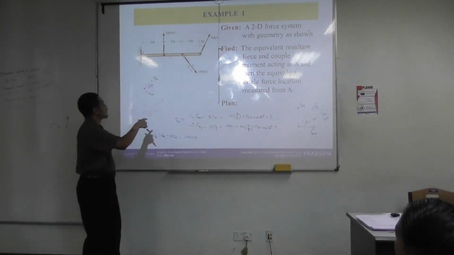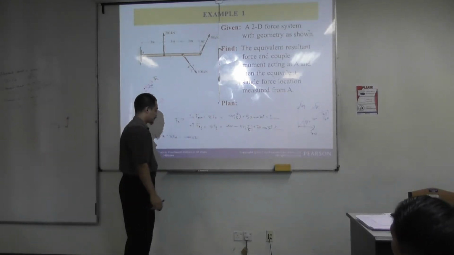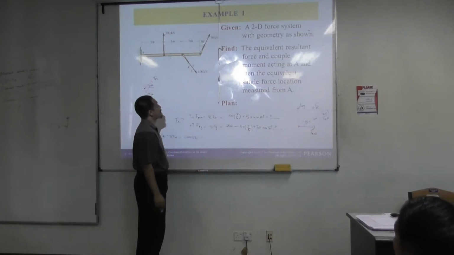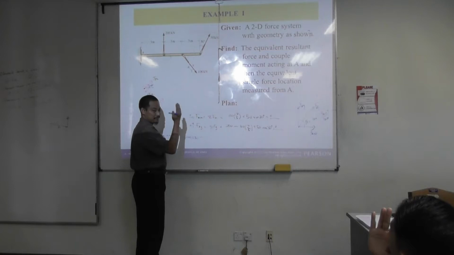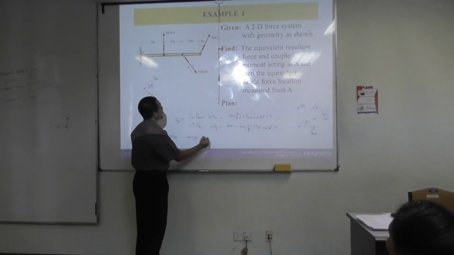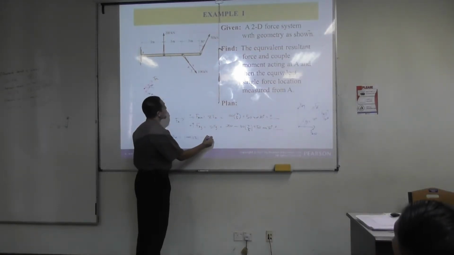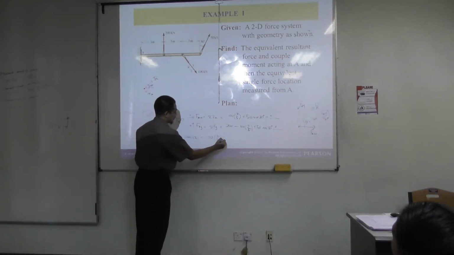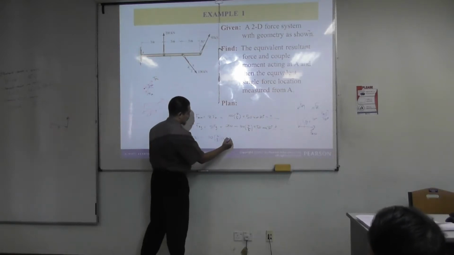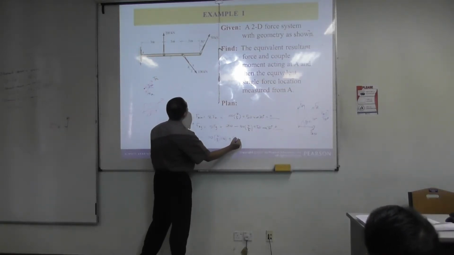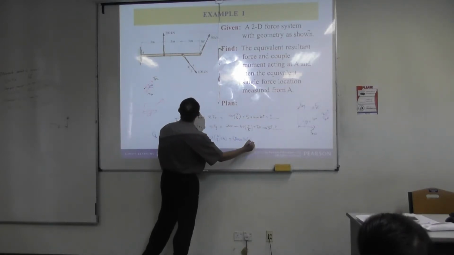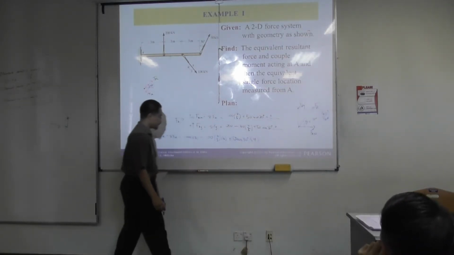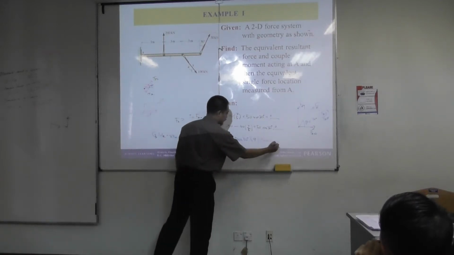For this one, minus 100 times 4 over 5 times 6, and then plus 50 cos 30 times a distance of 9, and then you straight away get your answer.